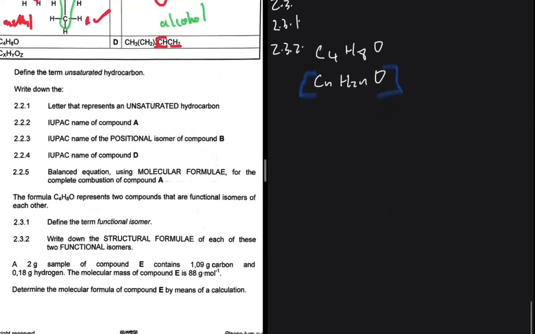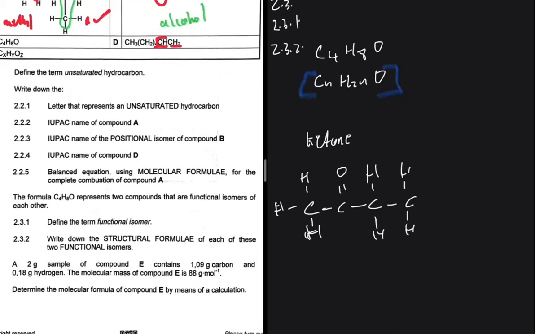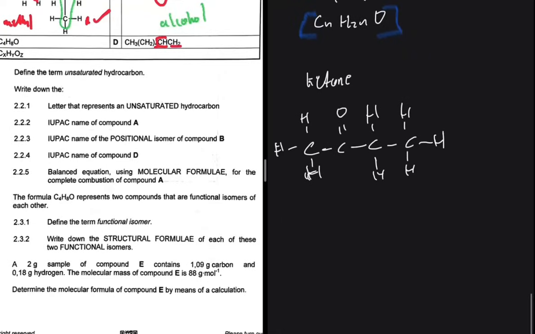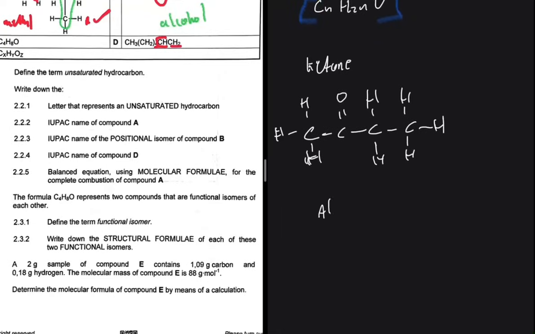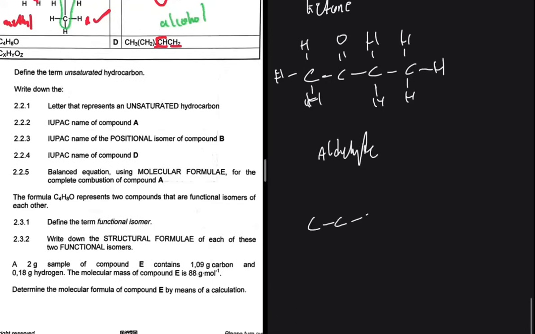If we go ahead and draw the structures, we can start with the ketone. So we're going to have 1, 2, 3, 4, and then double bond oxygen, with hydrogens. Just like that, we are done with the ketone. Now we just need to draw the aldehyde. We're going to have 1, 2, 3, 4.